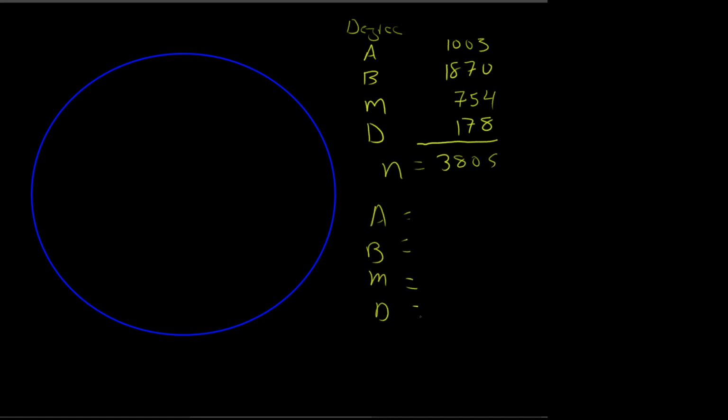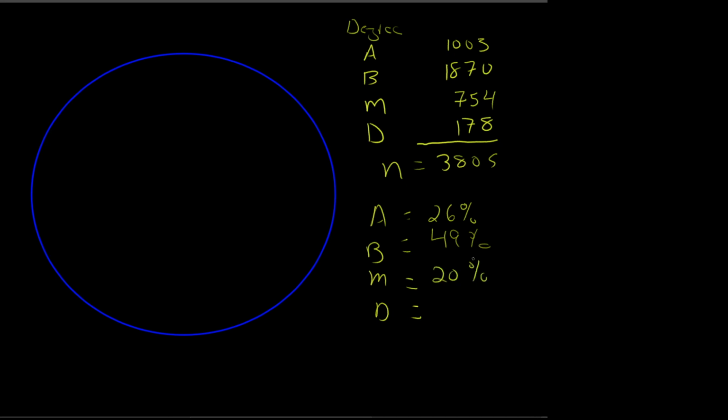So f over n, I'm going to use my calculator. 1003 divided by 3805 is approximately 26%. 1870 divided by 3805 is approximately 49%. 754 divided by 3805 is about 20%.